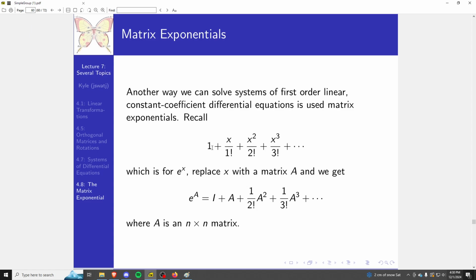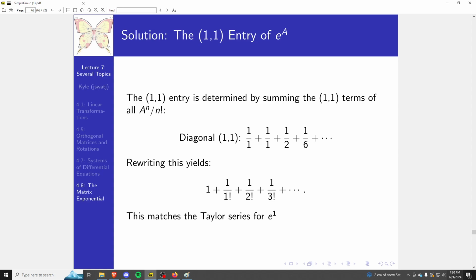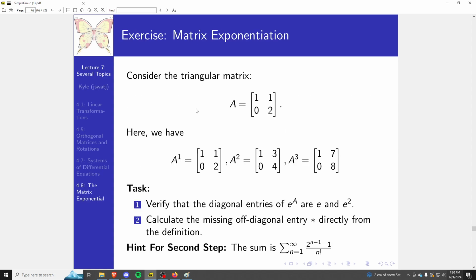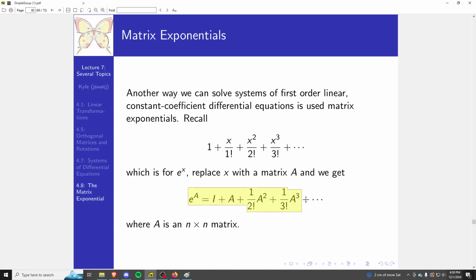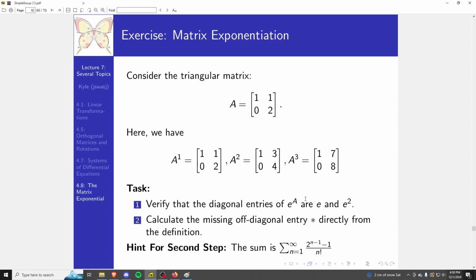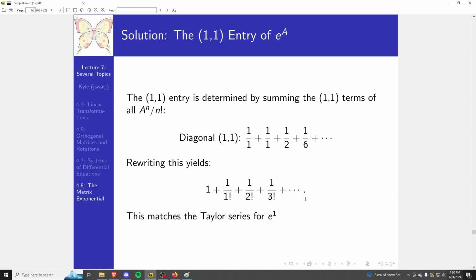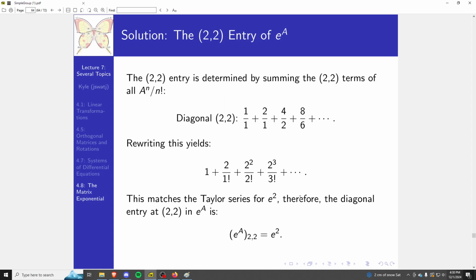And if we plug in 1, we'll get the same thing when we add up all of the 1, 1 entries in this equation here. This is for the top left entry of A. And so the top left entry will add up to e to the 1. The bottom right entry will also have a similar result. It will be e squared once we square the matrices and add them all up component-wise.